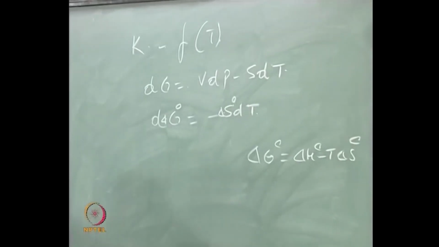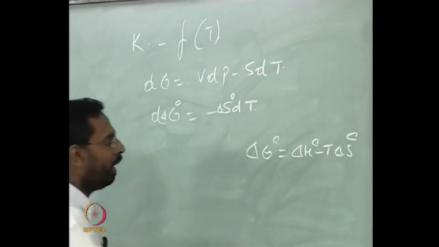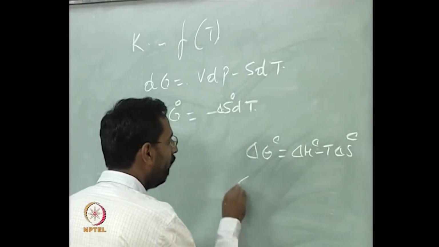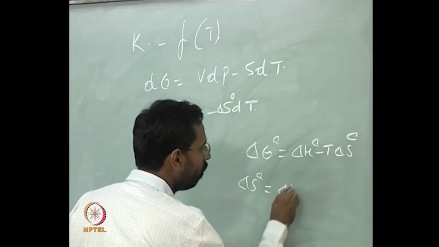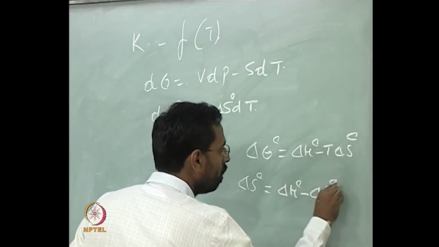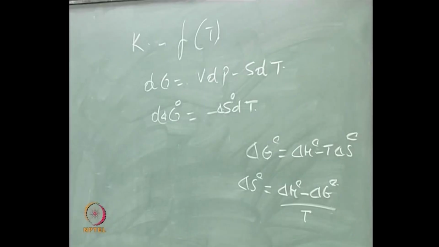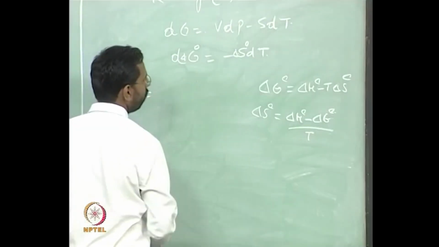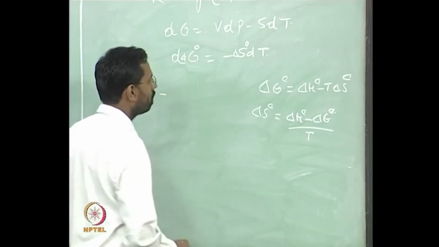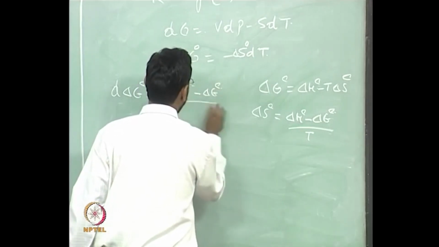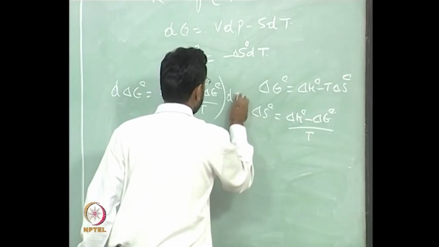Am I right? If that is the case, then I can reframe this equation and then say that delta S naught is equal to delta H naught minus delta G naught divided by T. Simply rearrange the things and I put that into that equation, and then I can say that d of delta G naught is equal to minus of delta H naught minus delta G naught by T into dT.